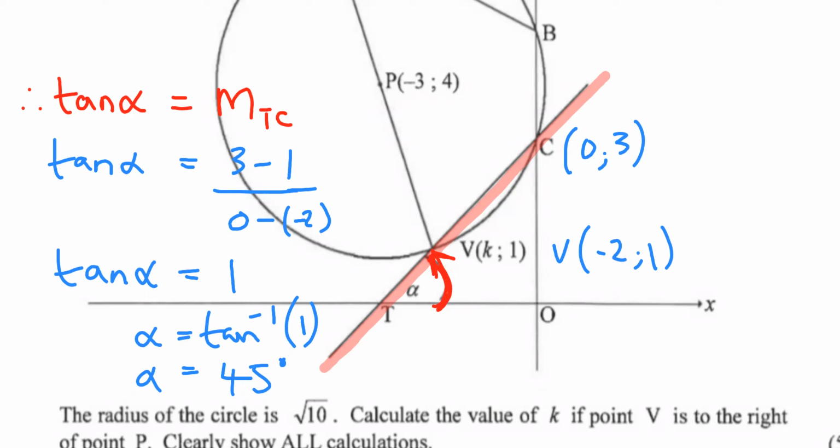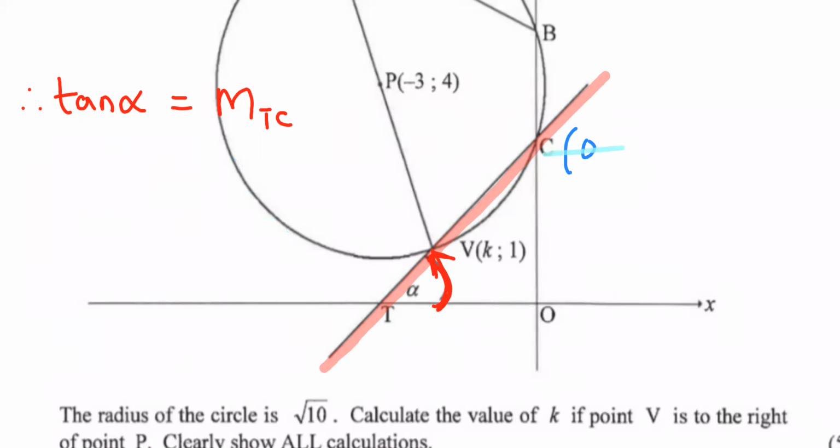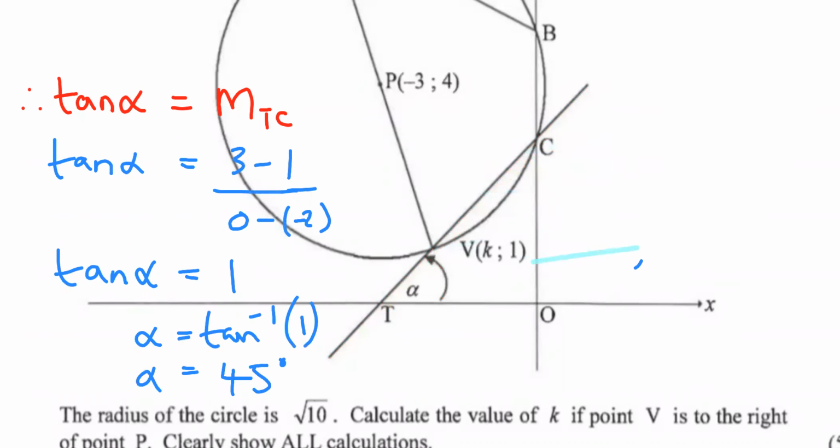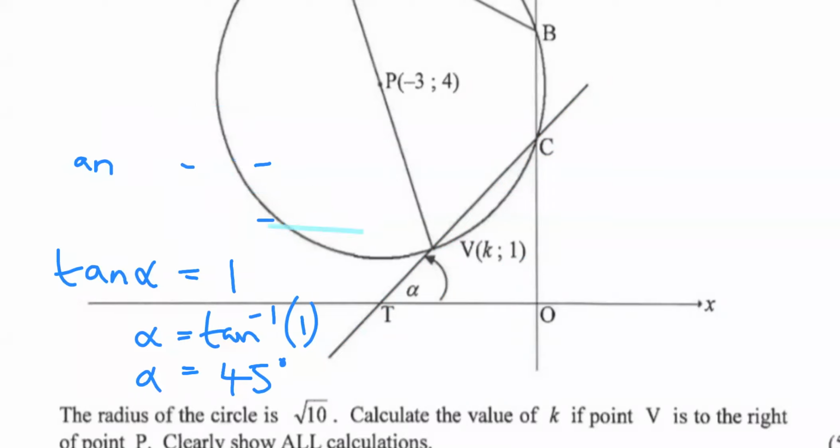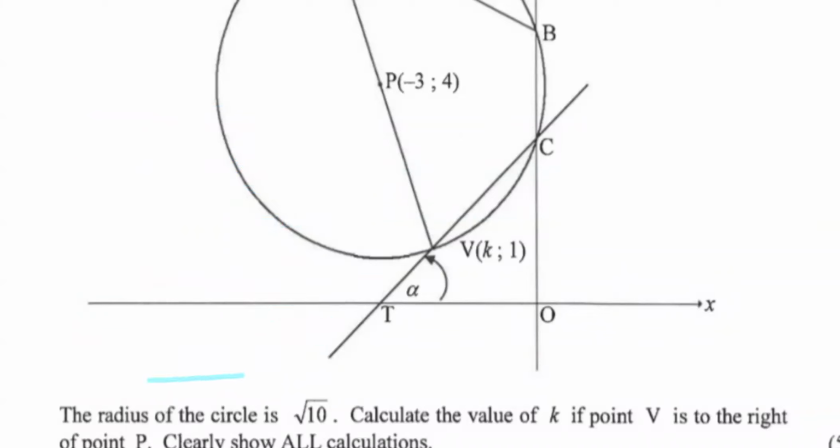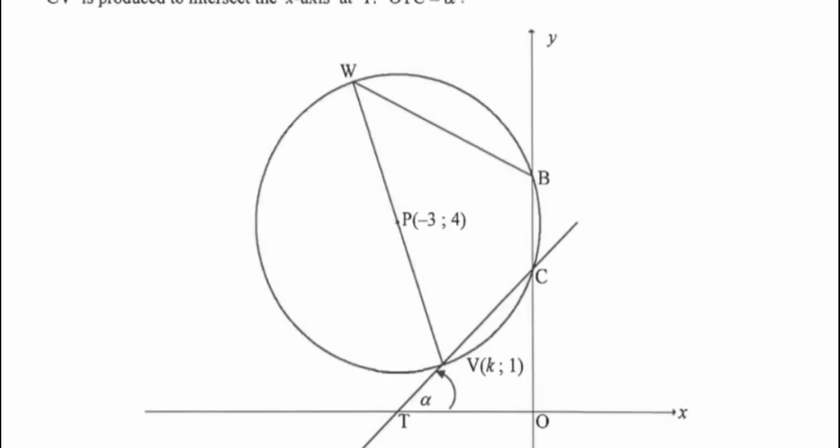Now, the next question says, calculate the angle VWB. So let me just erase all of this. The angle VWB. VWB is that angle over there.